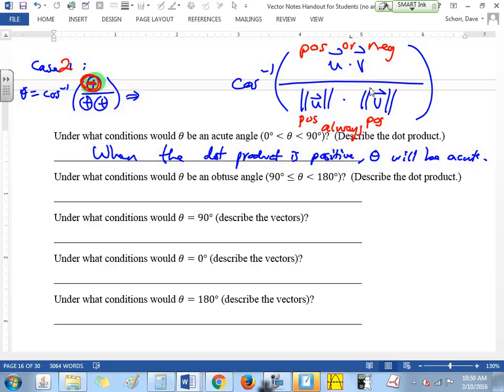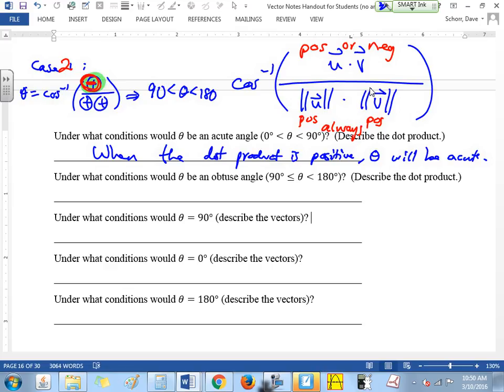Negative, right. So when you inverse cosine, don't play with your phones right now, okay? We're learning. If you do inverse cosine of a negative, is that quadrant 1 or is that quadrant 2? That's quadrant 2, where all the cosines are negative. Right. So this forces the angle to be between 90 and 180 now.